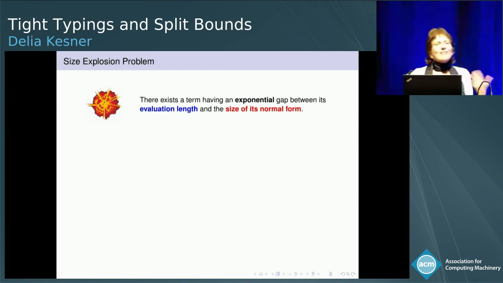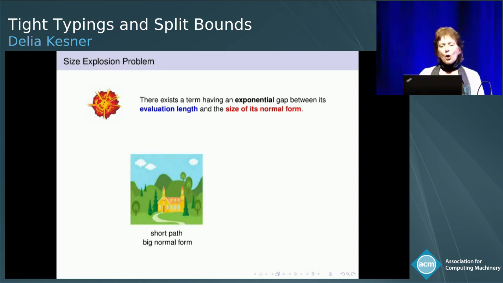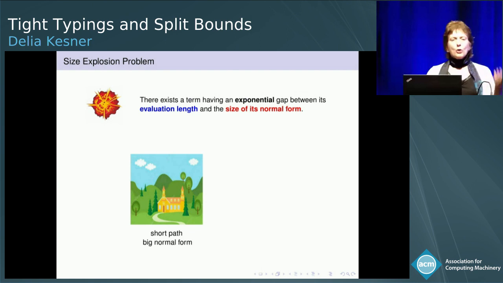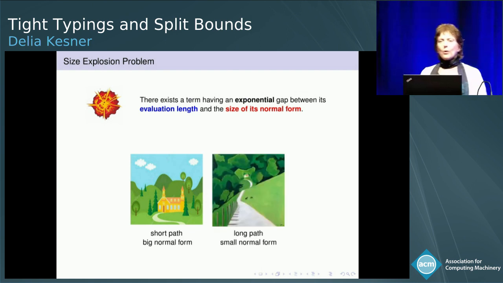So it is not very interesting to count these two things together, because there could be an exponential gap between them, okay? You have a short path going to a big normal form, but you can also imagine a dual situation where you have a very long path going to a very small normal form.